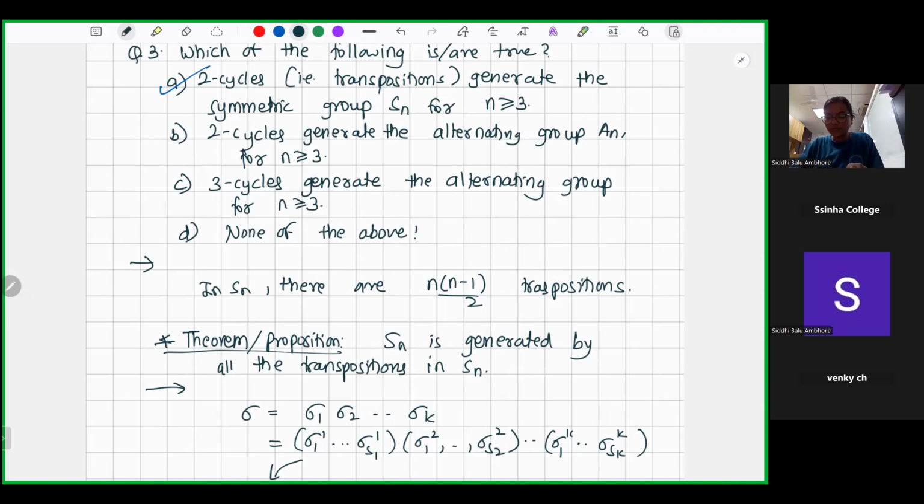Now this one: that 2 cycles generate the alternating group An. Is this true? Can someone tell me why this statement is true or false? Do you think that 2 cycles generate the alternating group An?